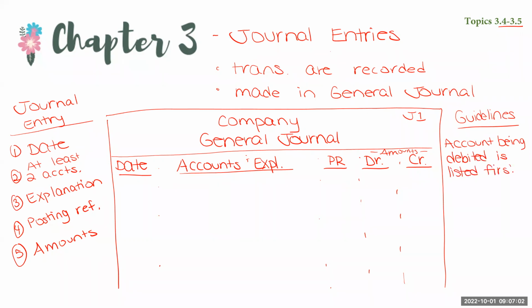Notice I didn't say the account with the normal debit balance, because you might have accounts that have a normal debit balance that are being credited, or you might have credit accounts that are being debited. Okay, so whatever is receiving the debit should go first. Debits must equal credits, because that's the only way we know that that underlying accounting equation is still intact. Debits equal credits. You're going to indent the credit accounts.